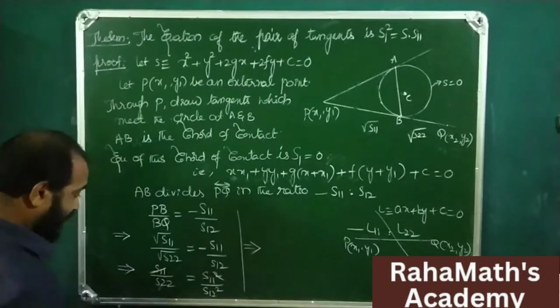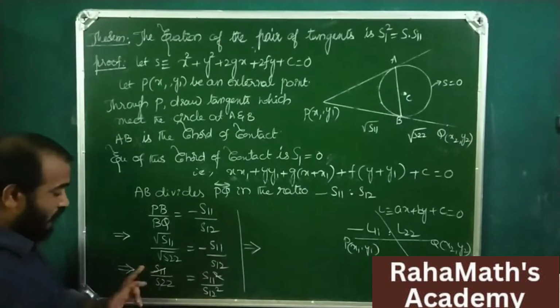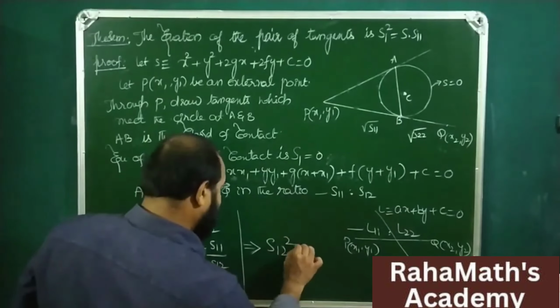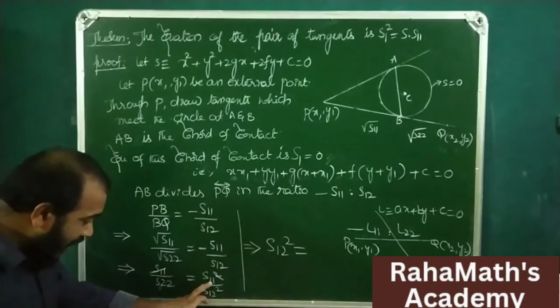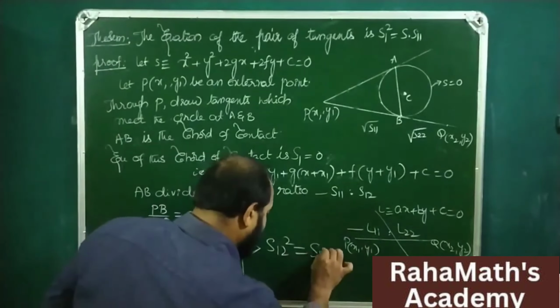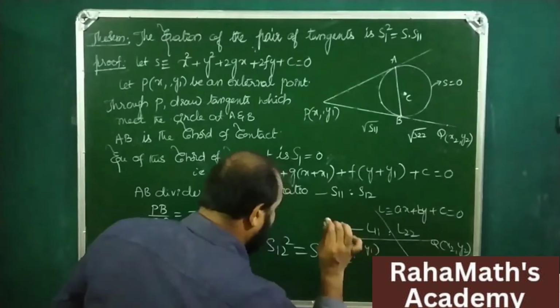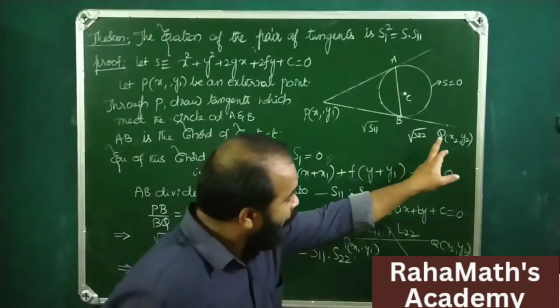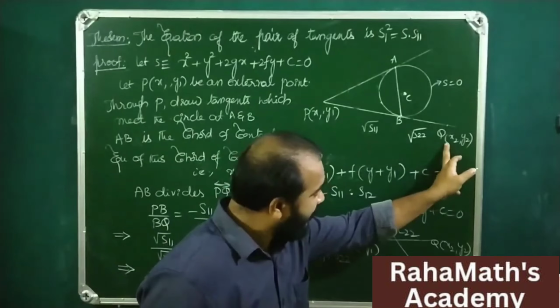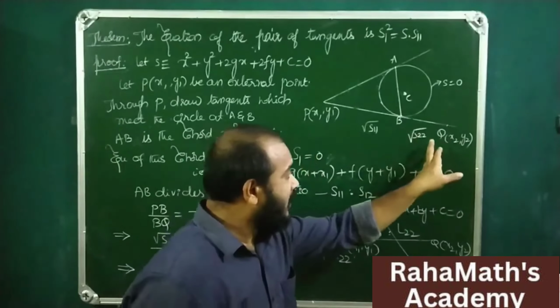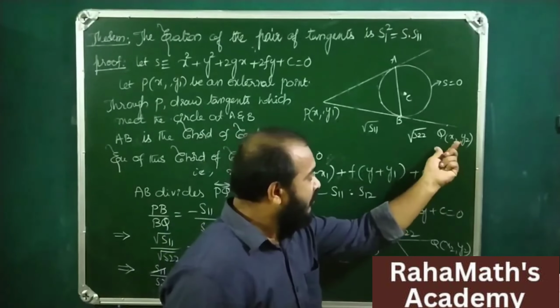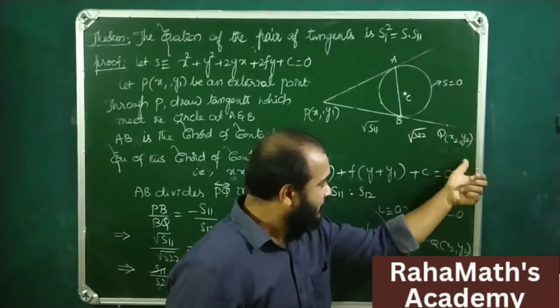That implies S12 square into 1, S12 square is equal to S11 into S22. Therefore, this is the locus of Q(x2, y2). See, in first year, the locus of P, for example y1 square equals 4x1, we used to get that.